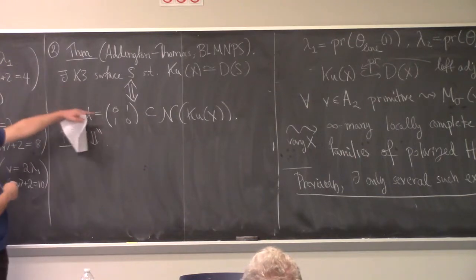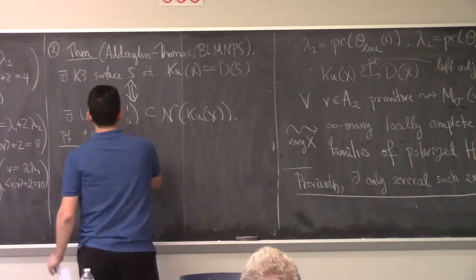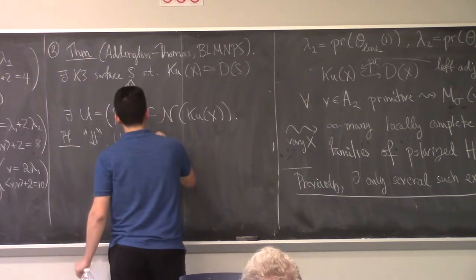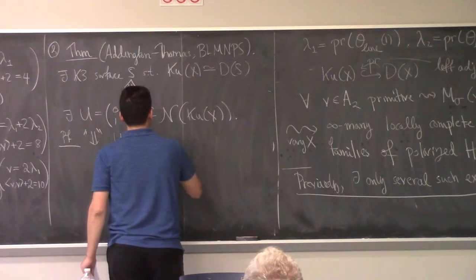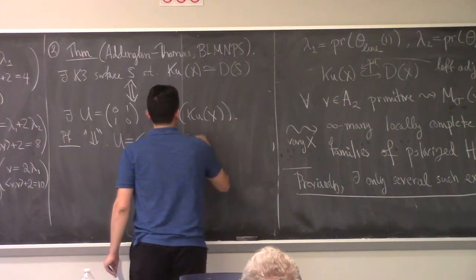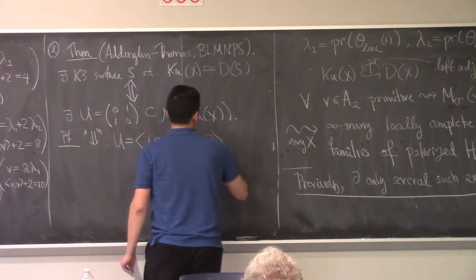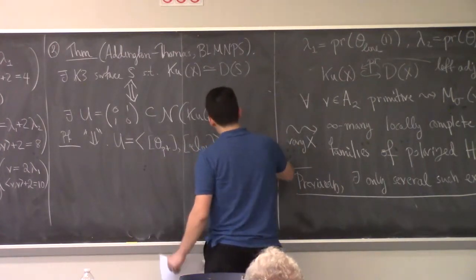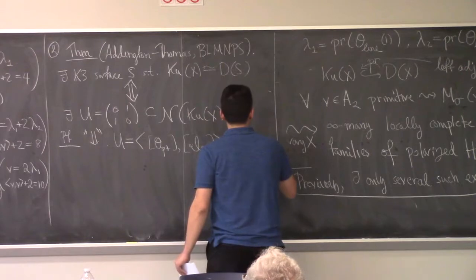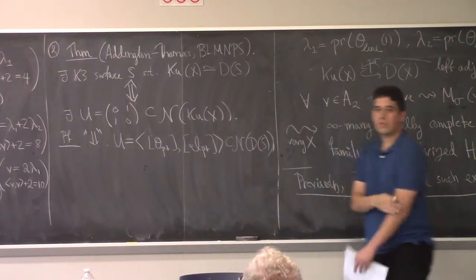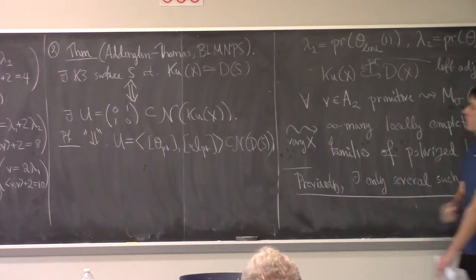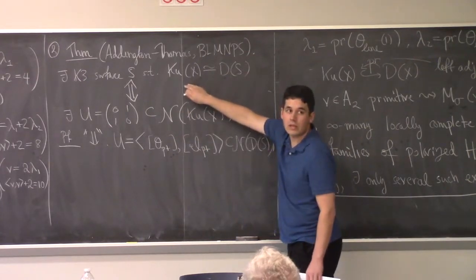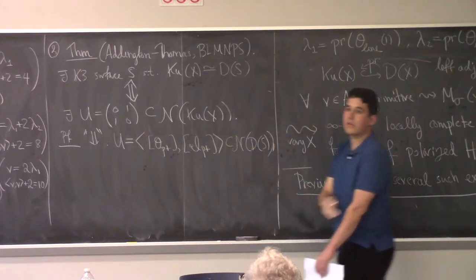The reason that this downward implication is true is that in D of a K3 surface, the rank 2 lattice spanned by the structure sheaf of a point and the ideal sheaf of a point, you can just compute that's actually a copy of the hyperbolic plane inside of the numerical Grothendieck group of D of X. That's just a computation. So if these two are equivalent, then you get a copy of this hyperbolic plane inside of the numerical Grothendieck group of the left-hand side.